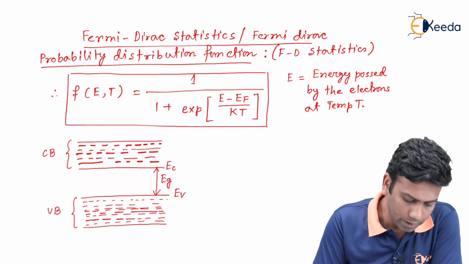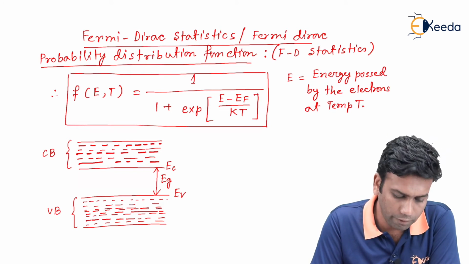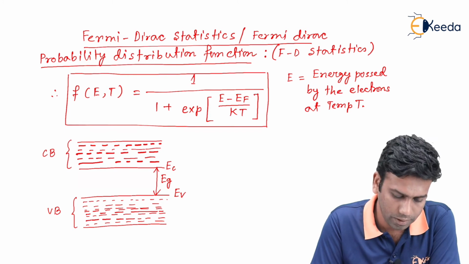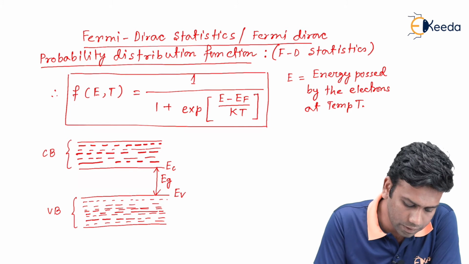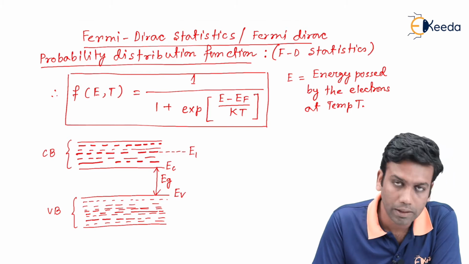Now, this equation gives the probability of finding an electron at any energy state at any temperature T. Let us consider an energy level, this one, as E1.